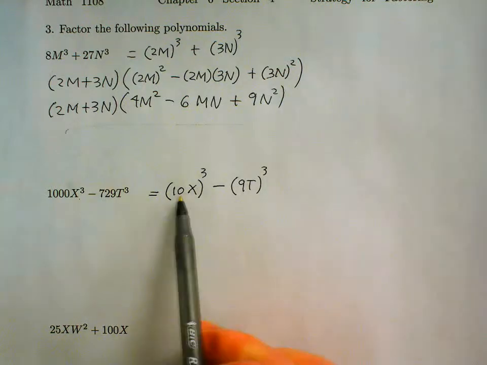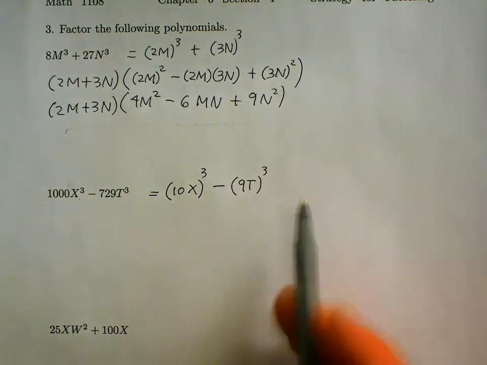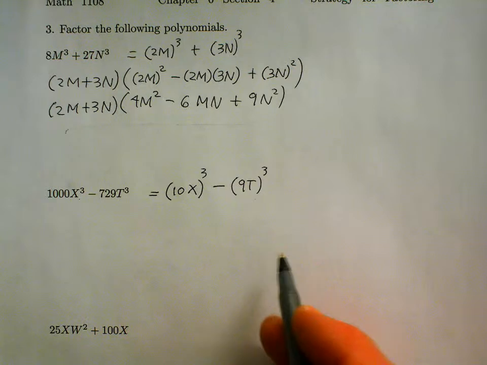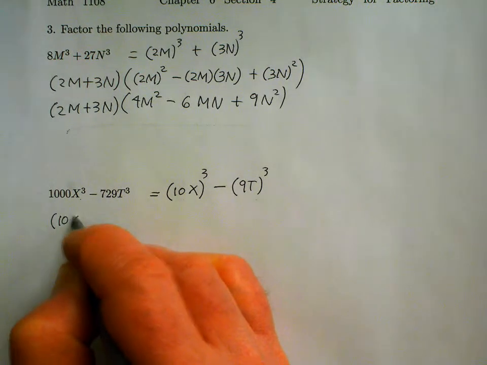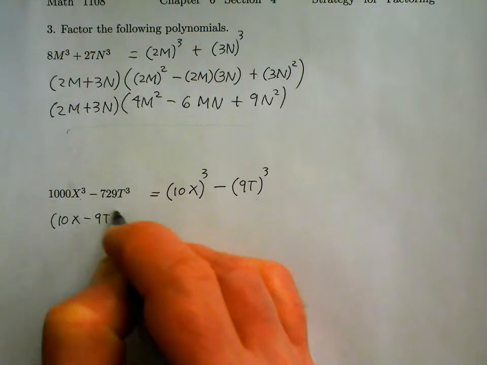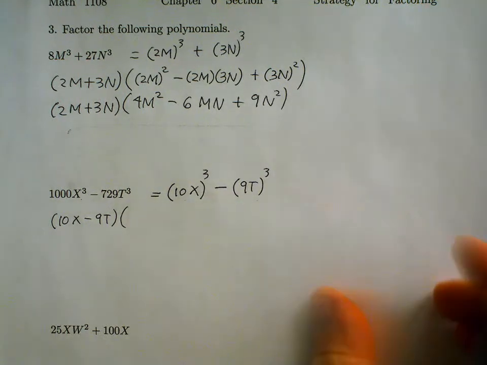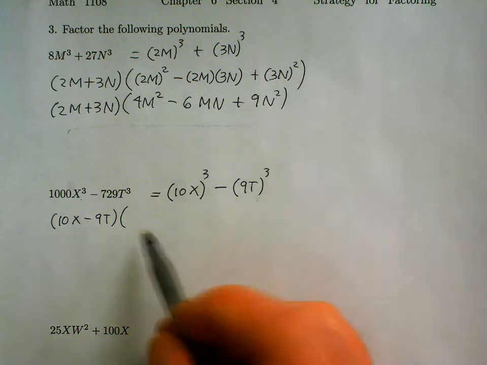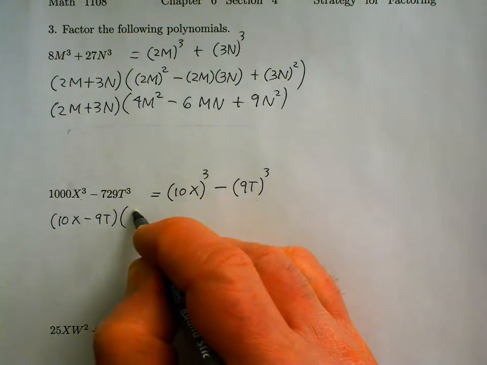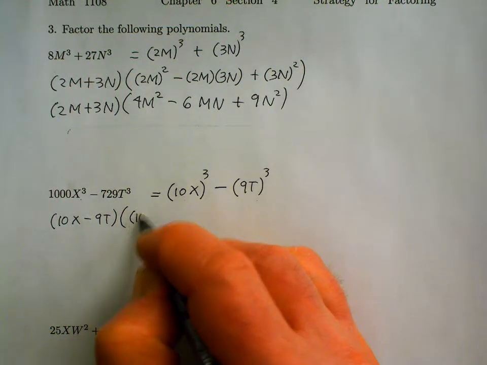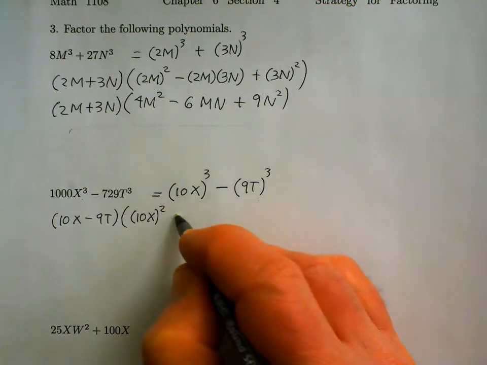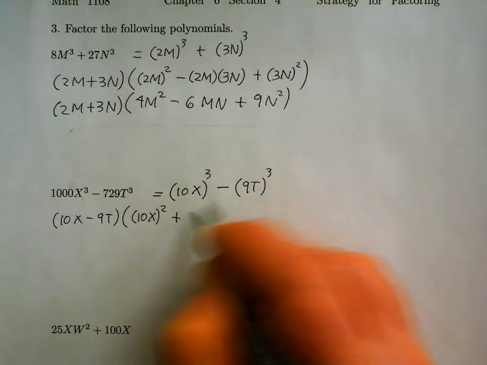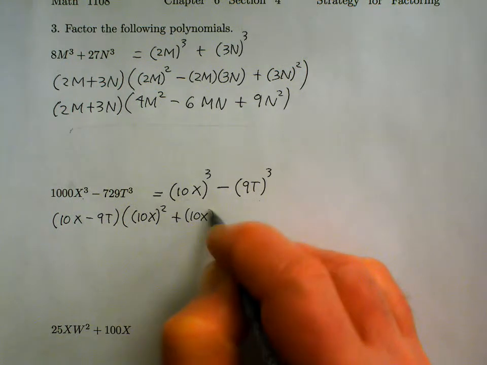Then apply the difference of cubes factoring formula. We have a binomial factor of 10x minus 9t. And in the trinomial, the first term is what we get when we square 10x. The middle term is plus 10x times 9t.